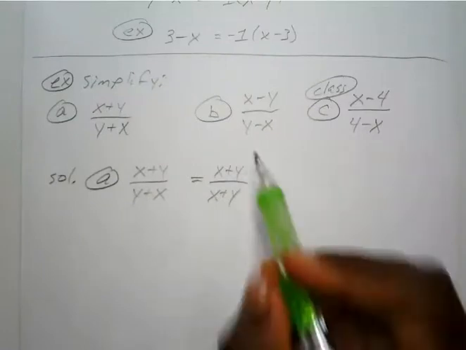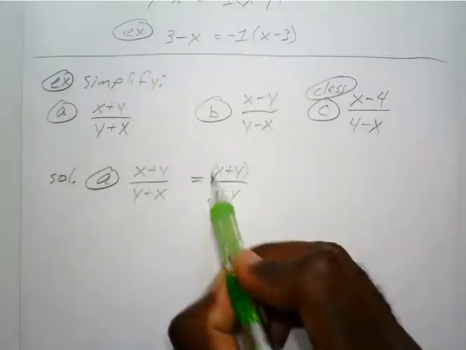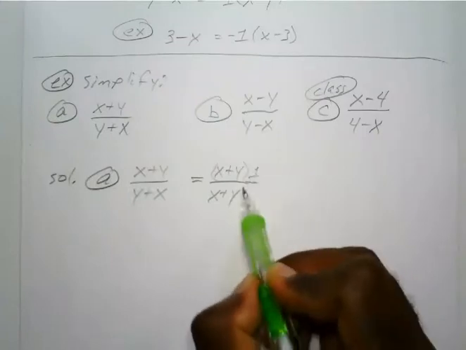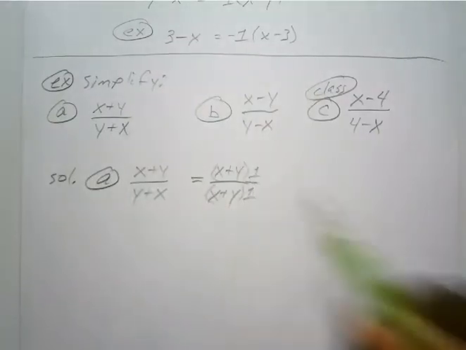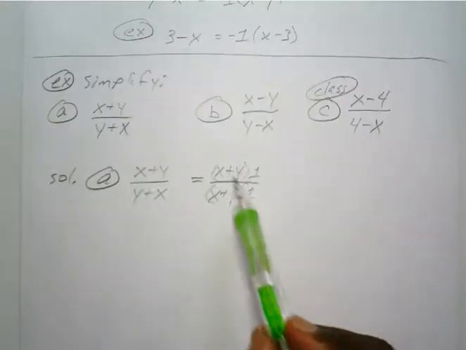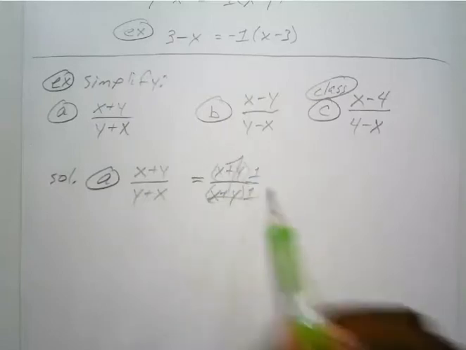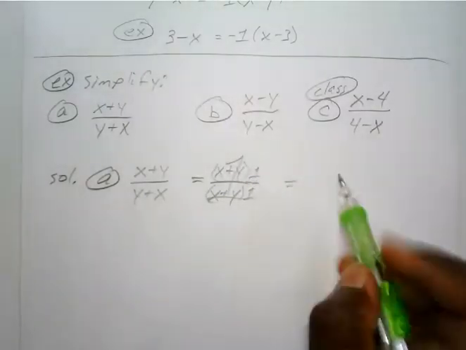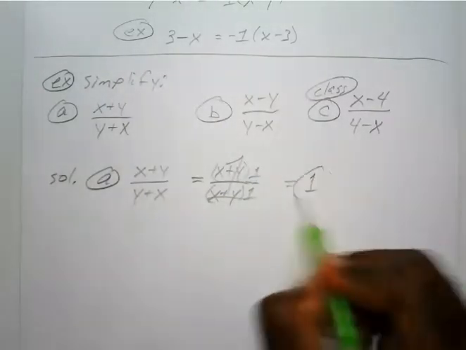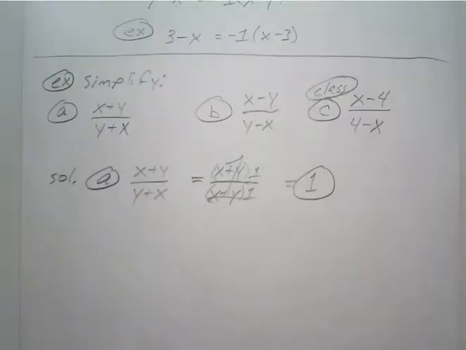You can multiply each of these by 1 if you wanted to, because anything divided by itself is just 1. So you have 1 over 1, which is 1.